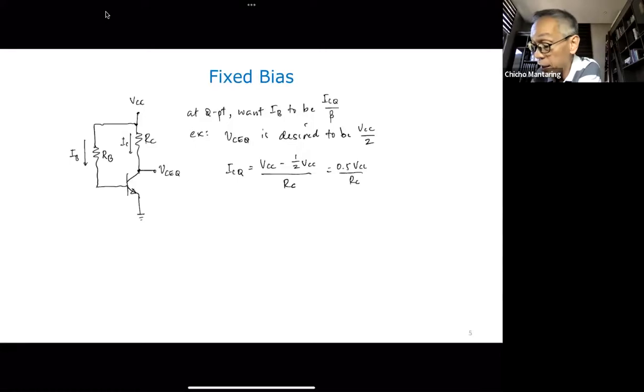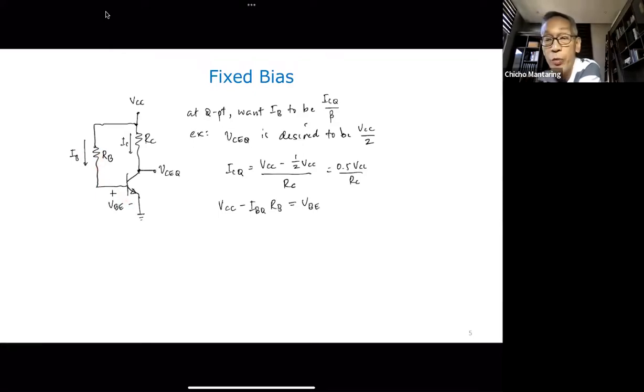And now we can determine what value of RB to use, because VCC minus IBQ RB will be equal to VBE. This is VBE. VCC minus IBQ times RB, this is at the operating point, will be equal to VBE.